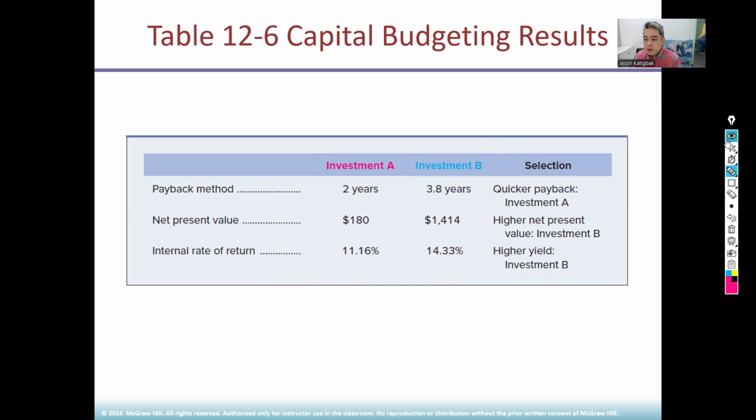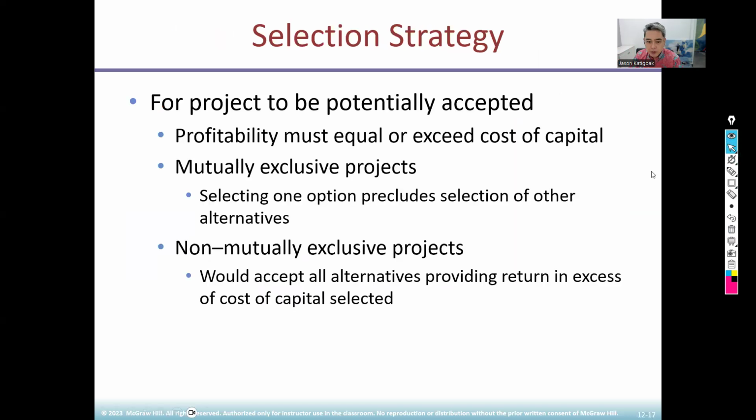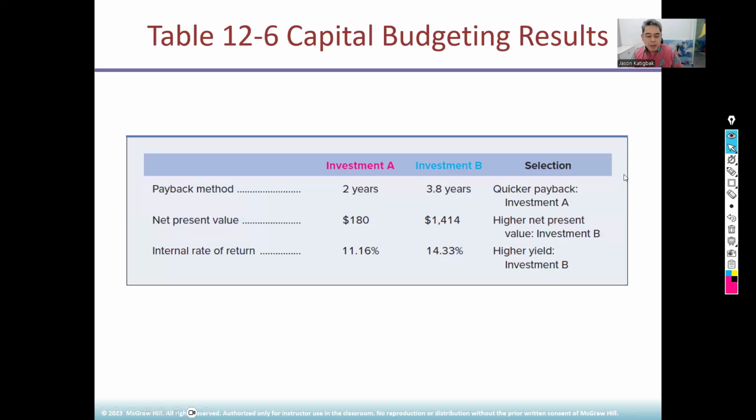Okay. So we're going to go through some of the other topics within the book, the selection of strategies. There's a discussion on mutually exclusive, right? A mutually exclusive project, I'll go back to our prior page, would mean that one is not dependent on the other. You're going to be using different assets, different people, different technology, or might be the same technology, but it's not going to be using the other resource.